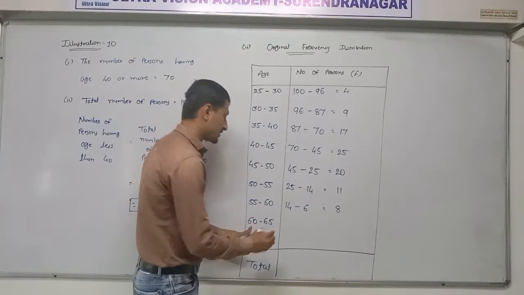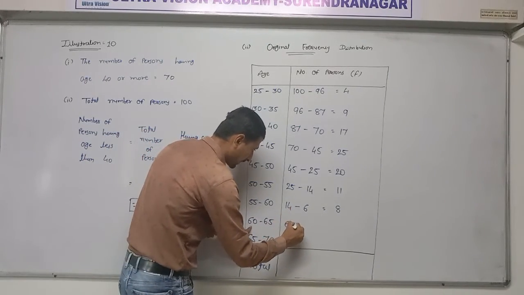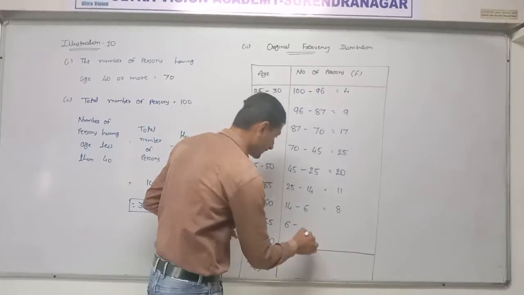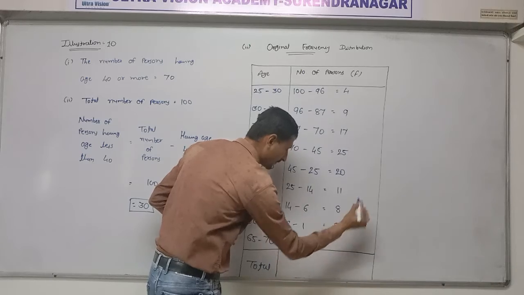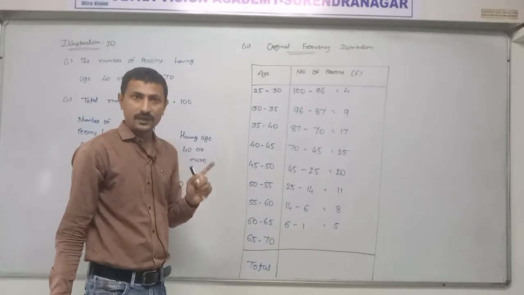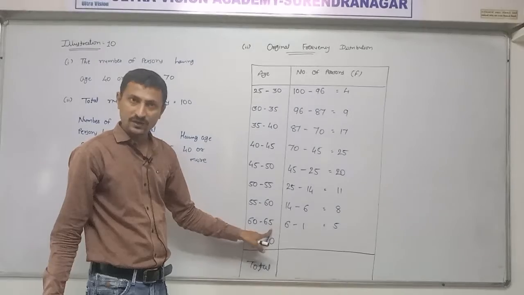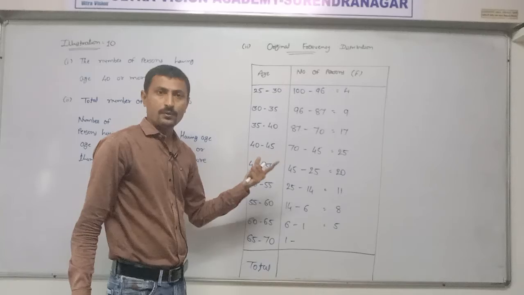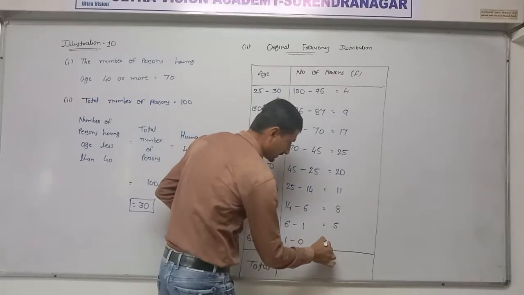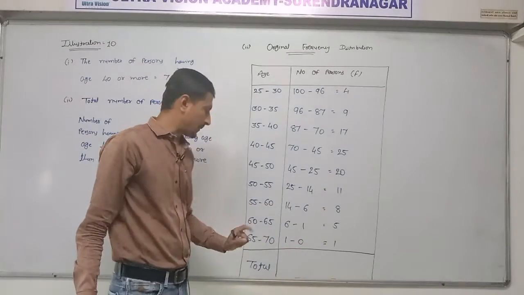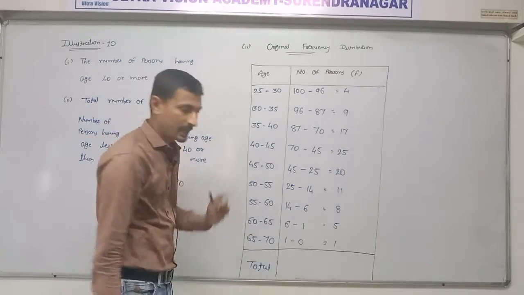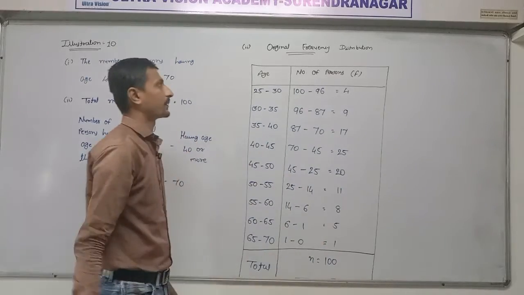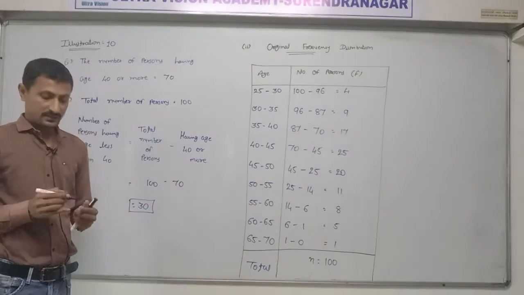Next, 60 or more age, 6 minus 65 or more age, number of persons is 1. So the difference is 5. 5 persons having age between 60 to 65. The last, 1 minus 70 or more age, number of persons is 0. One person having age between 65 to 70, and the total number of persons is 100. Okay, this is the original frequency distribution.